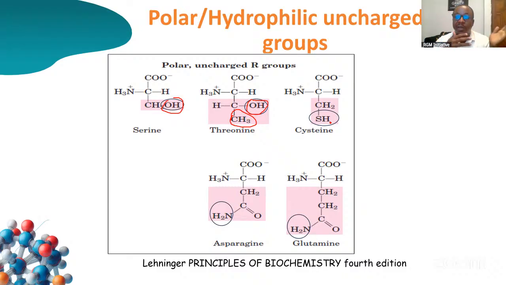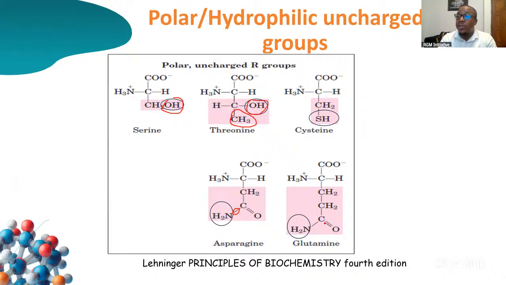Now remember in our previous one about the negatively charged amino acids, which are aspartate and glutamate. Asparagine and glutamine derive their names from aspartate and glutamate. Asparagine looks like aspartate. The only difference is that where you have COO minus in aspartate, you now have, instead of the oxygen here, an amino group, and that makes it asparagine.